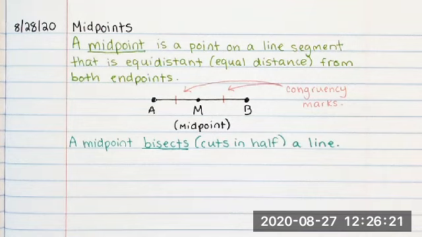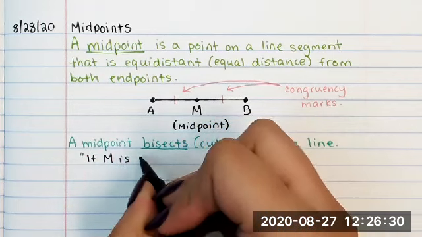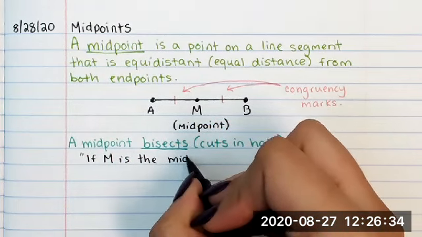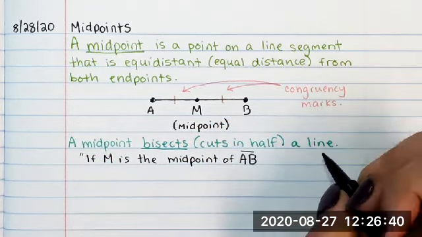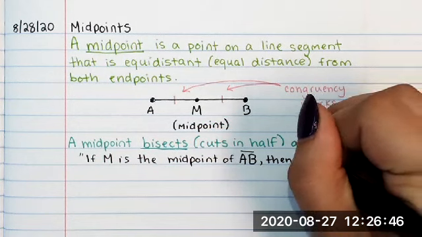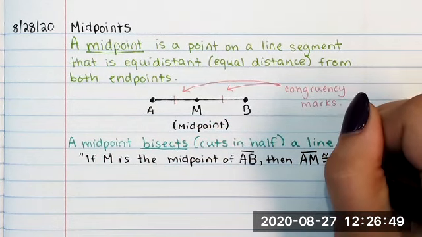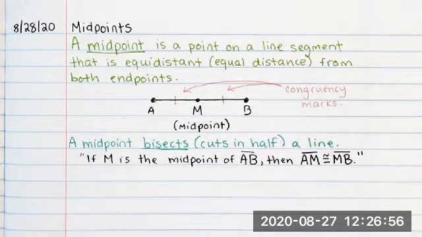All right, and in technical terms, we say if M is the midpoint of line segment AB, then from A to M is congruent to from M to B. So it's similar to yesterday where we have two halves that are making up a whole, but now we have that special property that the two halves are equal.